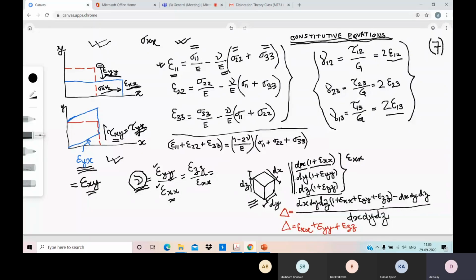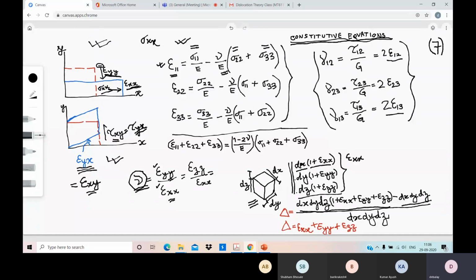These double or triple multiplying factors, I am ignoring. I'm just taking the first-order terms.